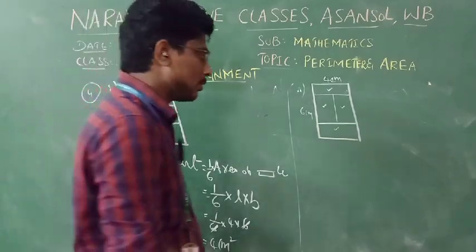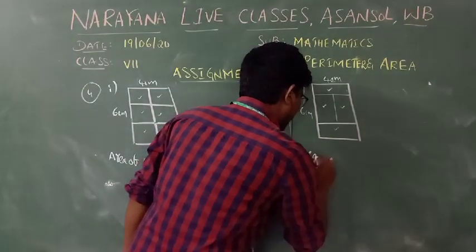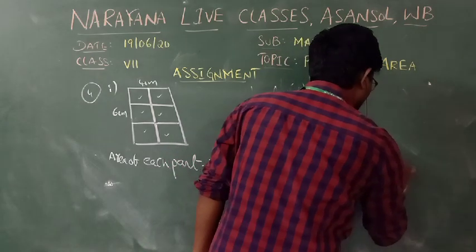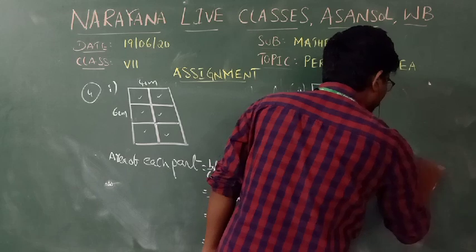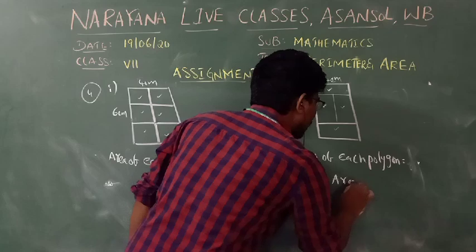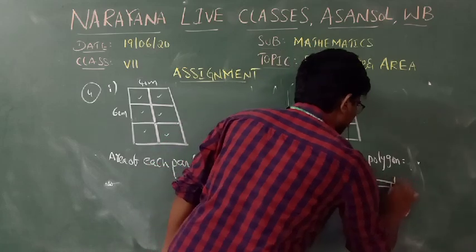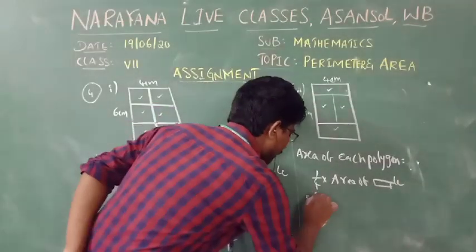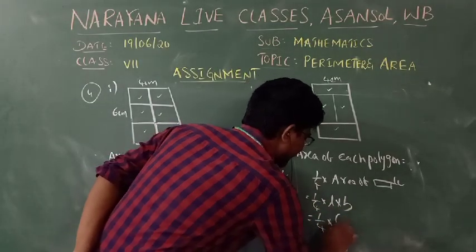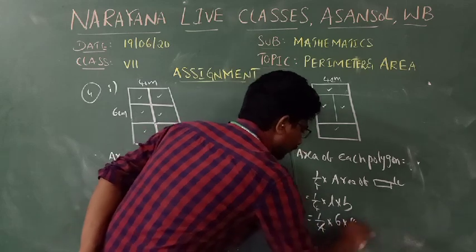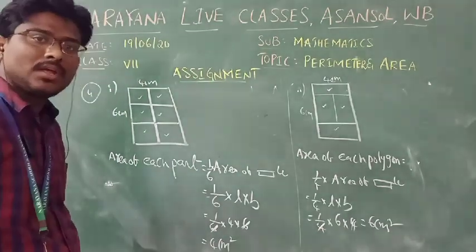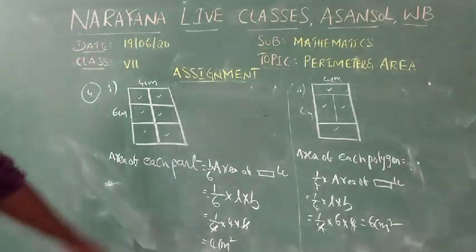So area of each polygon is equal to 1 by 4th of the area of rectangle, 1 by 4th of length into breadth. Length is 6, breadth is 4. 4 cancels. That is 6 centimeter square, the area of each part.